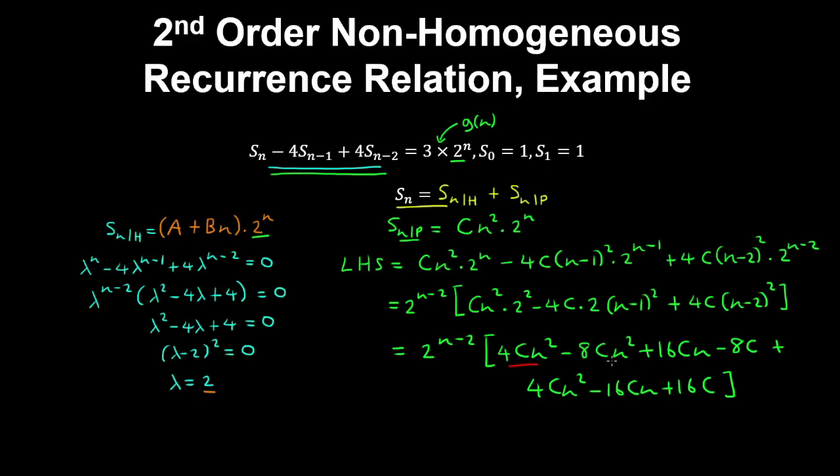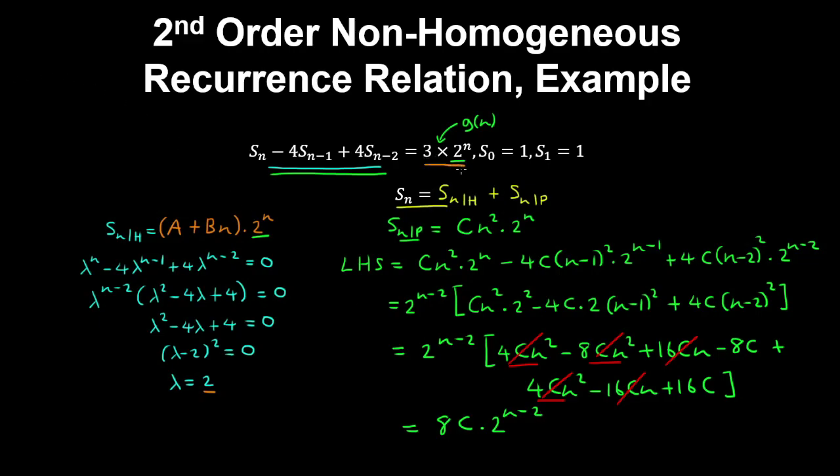And therefore we have 4Cn squared minus 8Cn squared plus 4Cn squared all cancel, and 16Cn minus 16Cn cancels. So we're left with minus 8C plus 16C is 8C times 2 to the n minus 2.